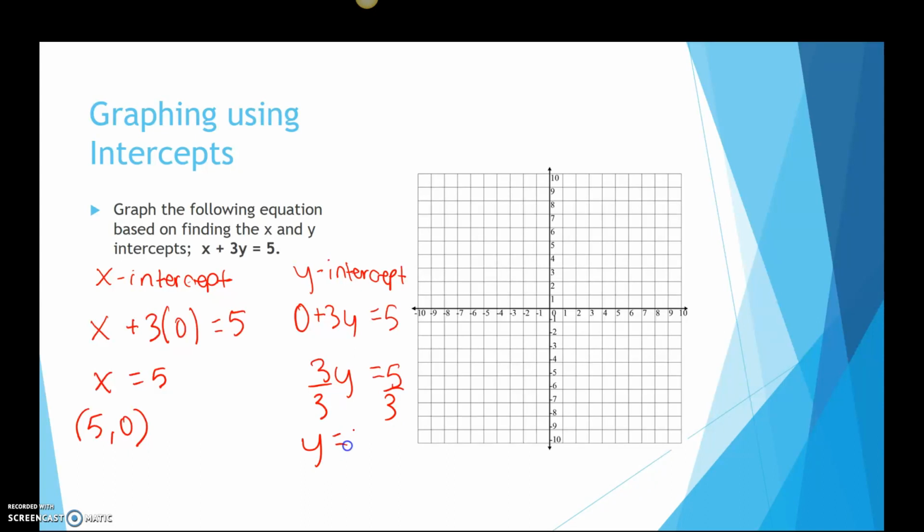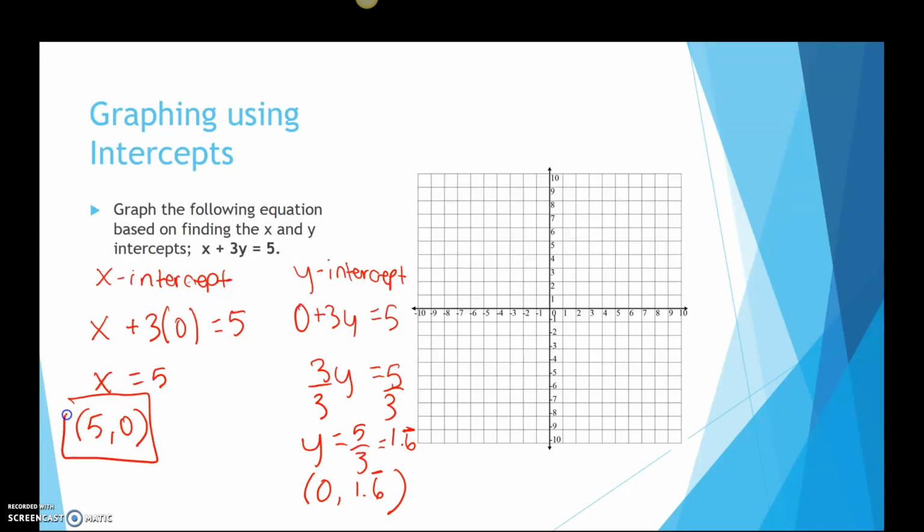So y is going to equal 5/3. If y equals 5/3, when we're graphing this, it's going to be helpful if you put this in decimal form. So it would be 1.6 repeating in decimal form. So my y-intercept is going to be 0, 1.6 repeating.